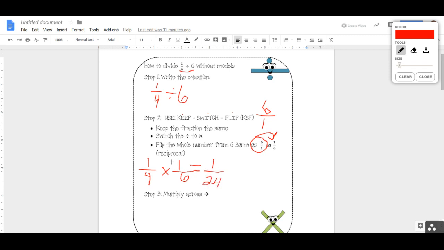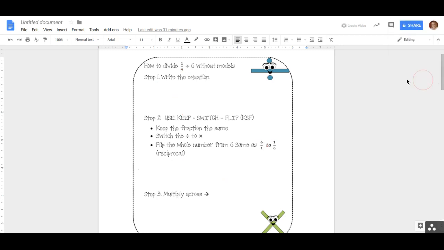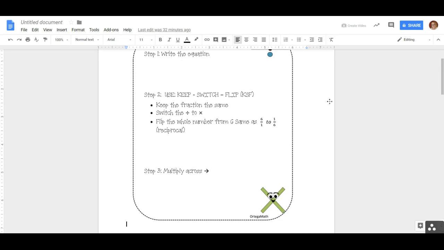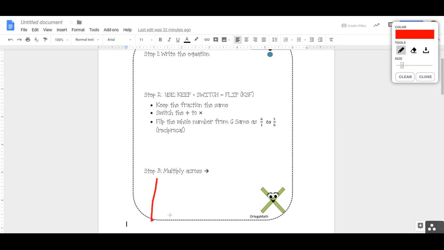What that means is, I'm going to close this out because I can't really see it, what I'm going to do down here. What that means is if I was to draw this out, I would draw a horrible square or a rectangle, and I would cut it into 4 pieces. Are you with me so far? That's where this first part is, 1/4.